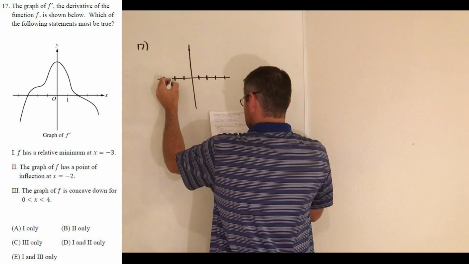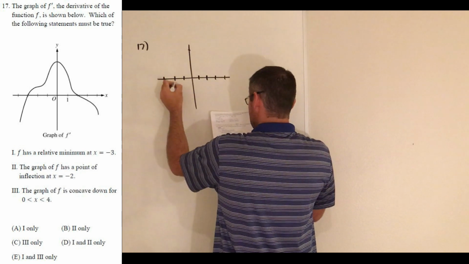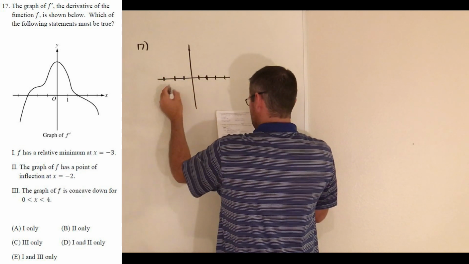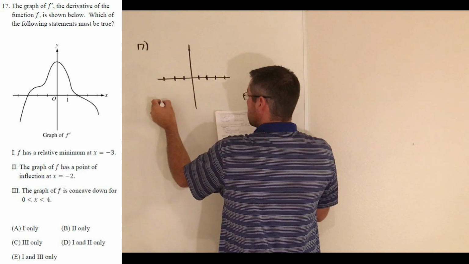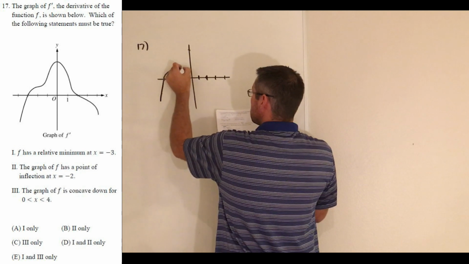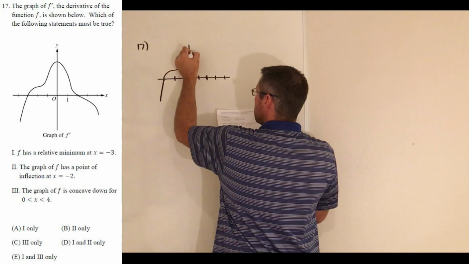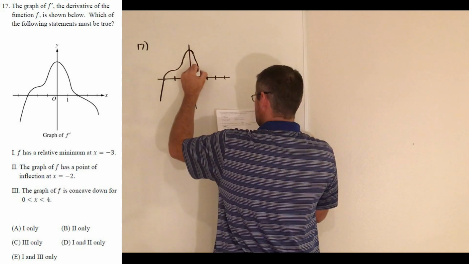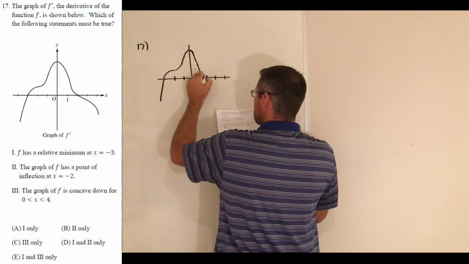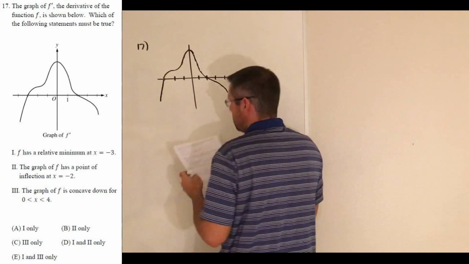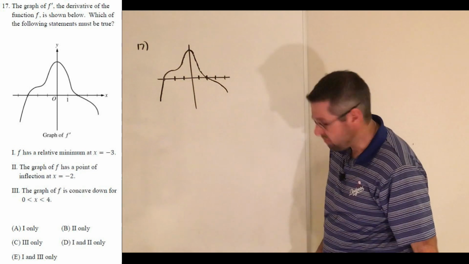We have a 0 at negative 3. We have a 0 at 2. And then we have points. It goes up, kind of flattens out, and it goes up again, and then peaks out, and then down. And then kind of passes through there, and it does something like that. Okay, so that's the graph of f prime.